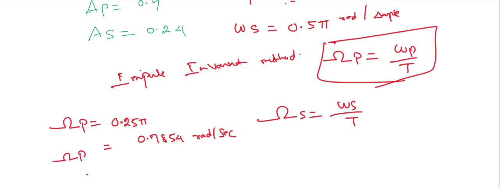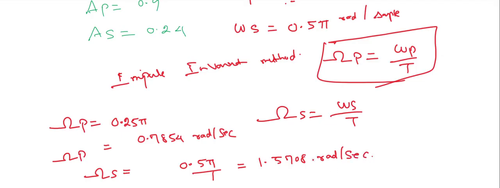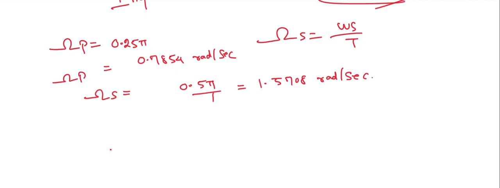Similarly, omega S is equal to 0.5 pi by 1, which is equal to 1.5708 radians per second.